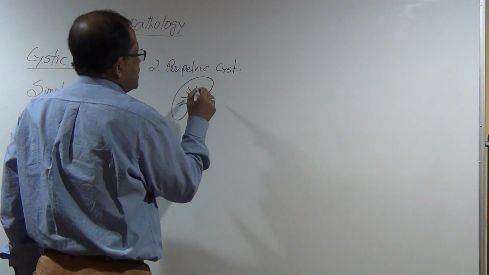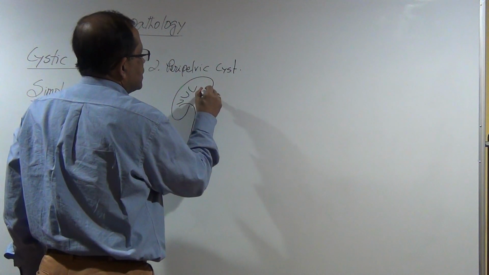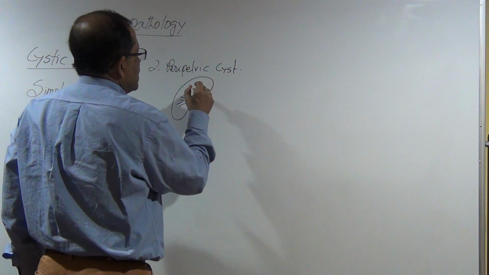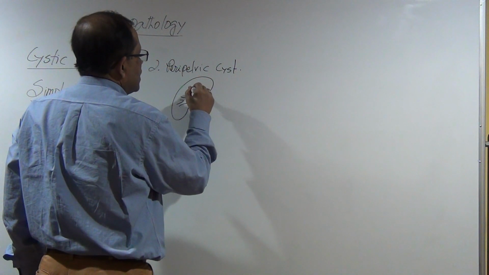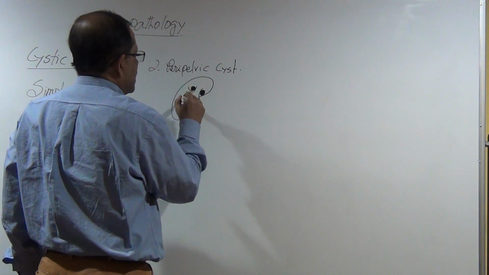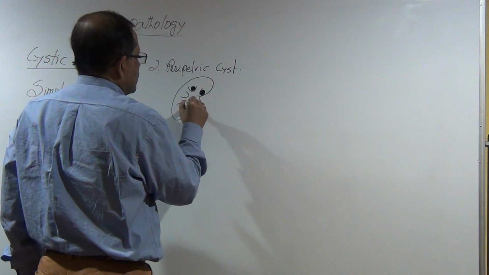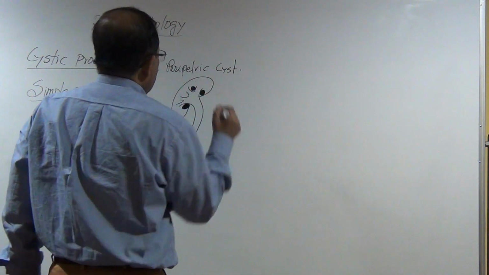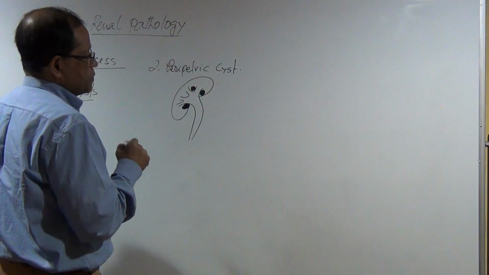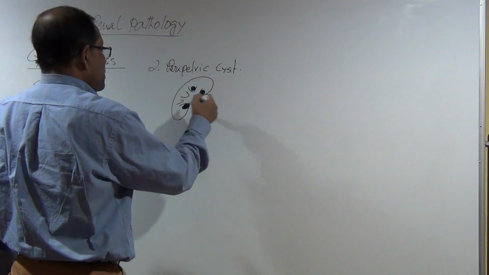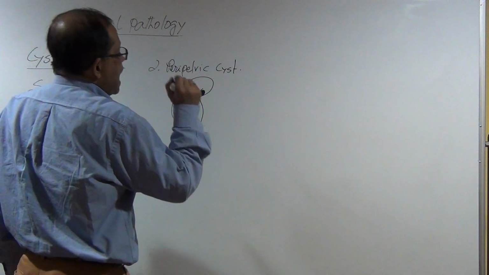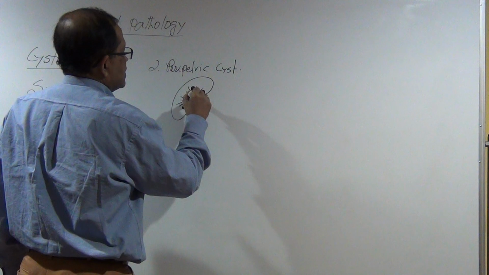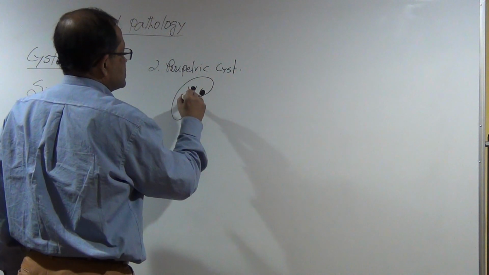And if you see, this peripelvic cyst is anechoic and is around the pelvis, and it looks like a hydronephrosis.